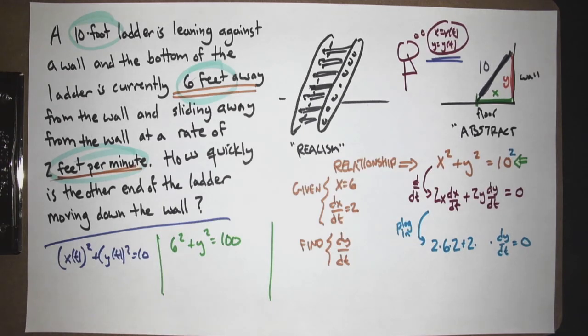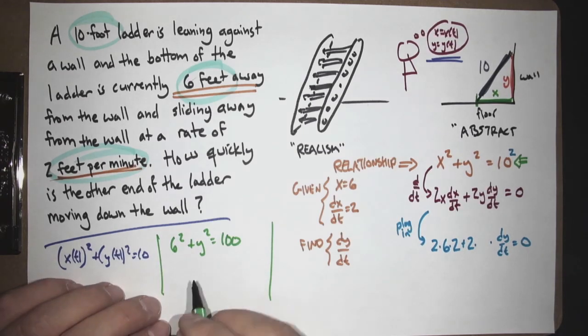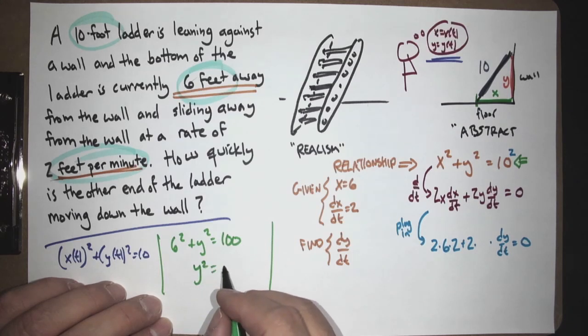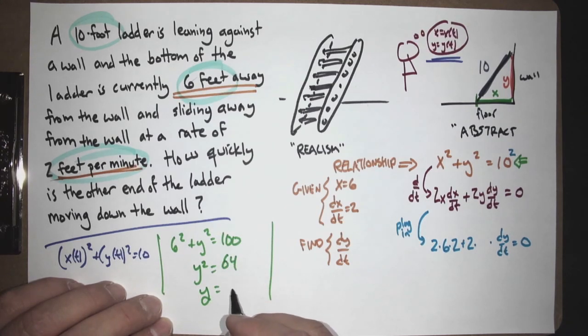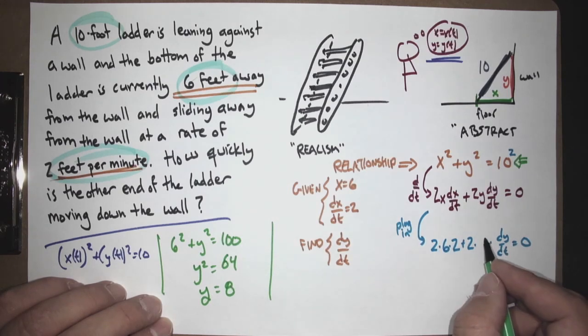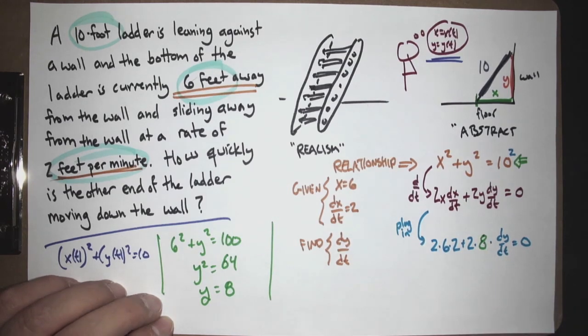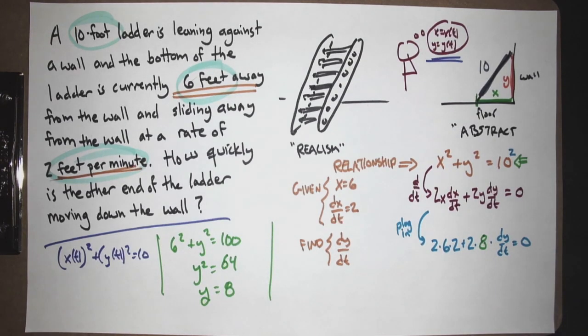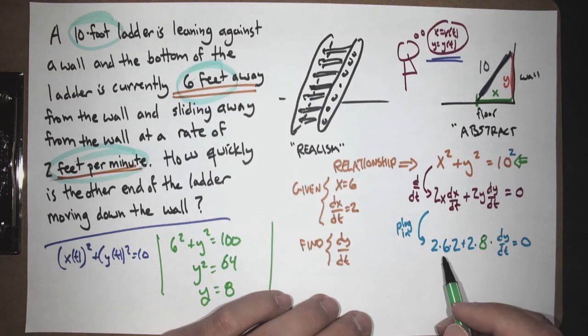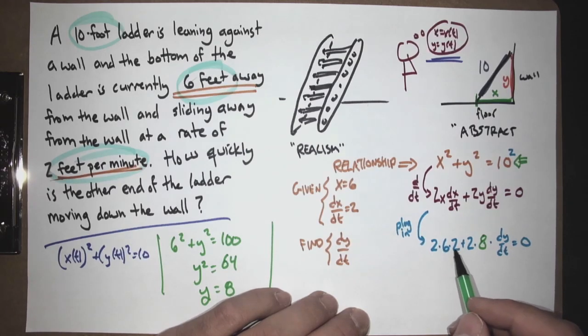Well, 6 squared is 36. y squared then is 100 minus 36, which is 64. So what does y become? 8. So we can extract what y is from our relationship. Now we're after dy/dt, so we move things around. 2 times 6 times 2, that's 24.